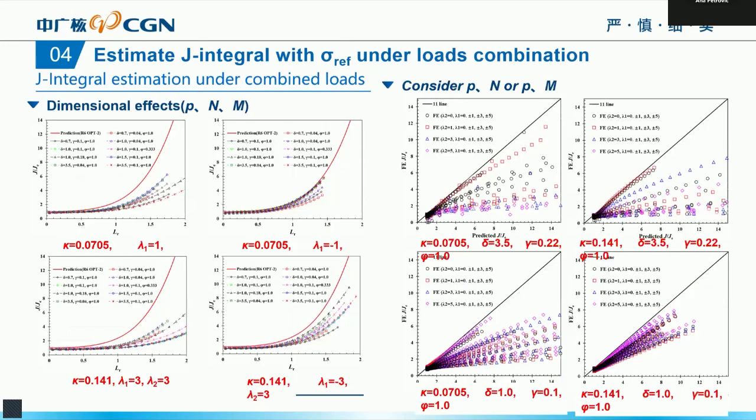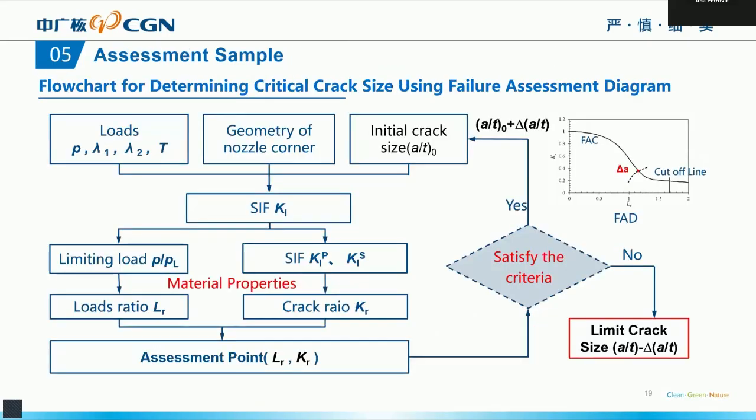This slide shows the J integral estimation under the combined loads. And this is an assessment example. This flowchart is for determining a critical crack size using a failure assessment diagram.